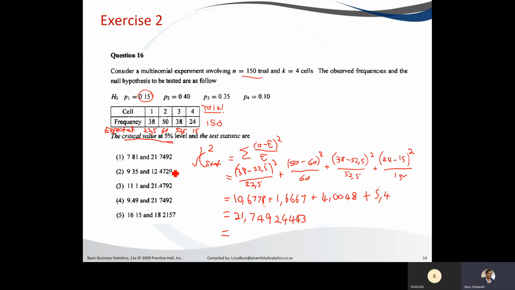And this, if we round it to 4 decimal places, the answer is 21,49. 21,747492, which makes option 1 the correct one.